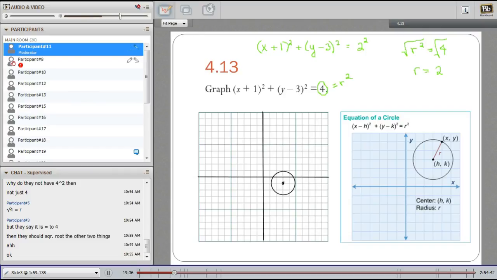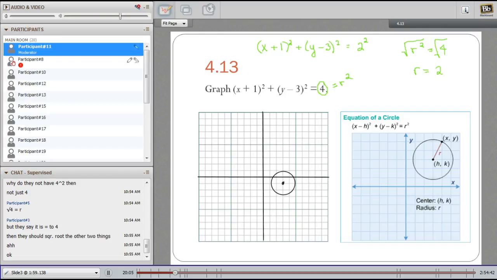Yes, which is very common because you're going backwards and so your brain is stuck going forward instead of backwards. So that's what you want to do. If you have the equation to get r, take this number here and set it equal to r squared to make a little algebra equation out of it, and then square root, and you'll find r.